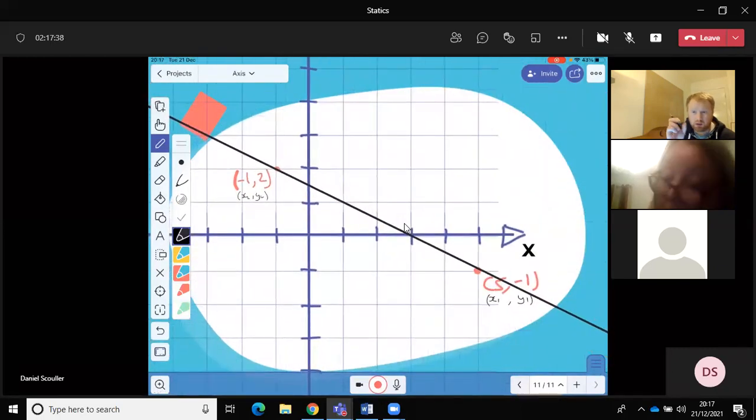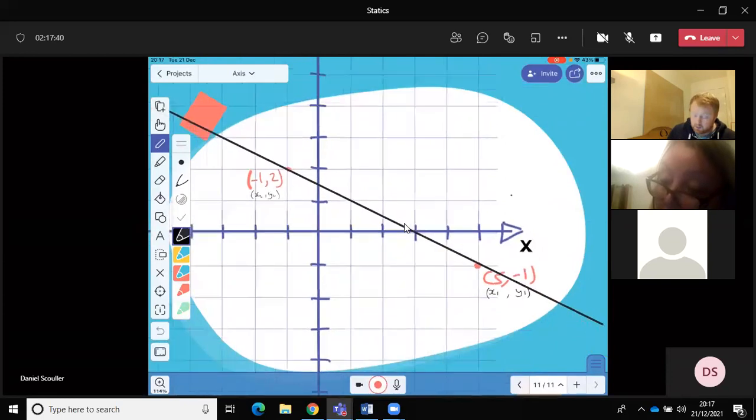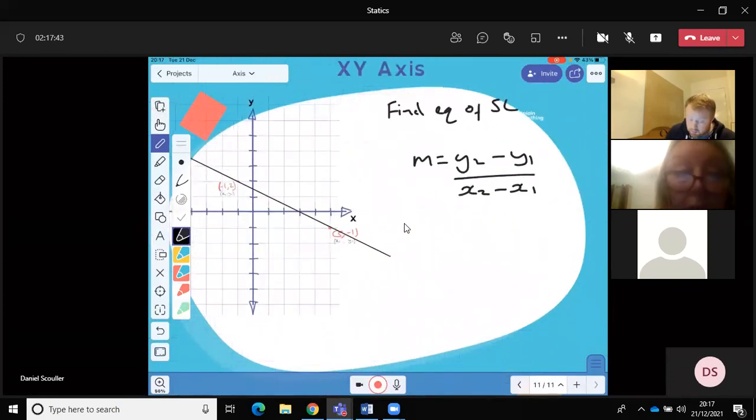Okay, but this is where you need to be consistent. Okay, so y2 in this case is 2 minus y1, which is -1. Okay, x2 is -1, -5.